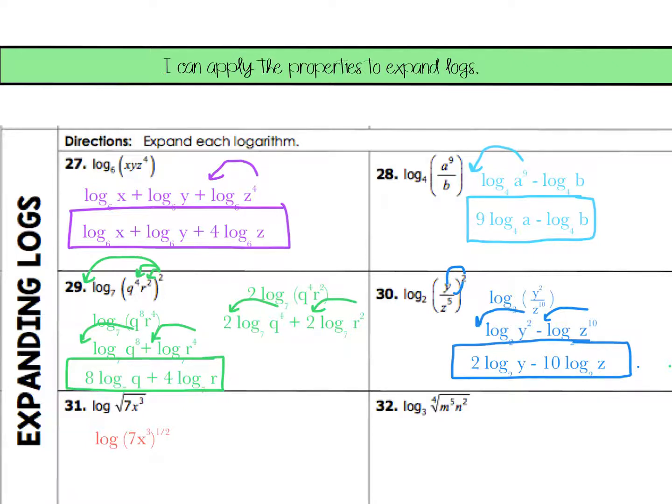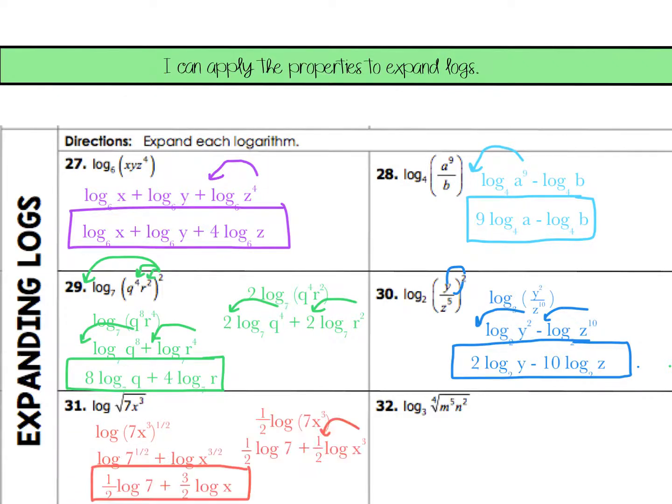So essentially, it's 7 to the first times that 1/2, and x to the third times that 1/2. So go ahead and choose whichever method you'd like and finish this problem out. Either way you approach it, you should end up with 1/2 log of 7 plus 3/2 log of x. So go back and look through. I solved it both ways and see which way makes sense to you so that you understand that.